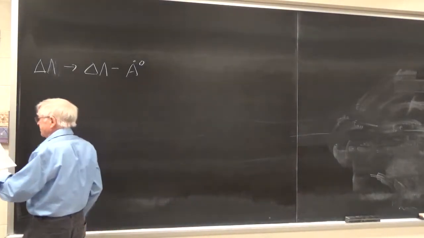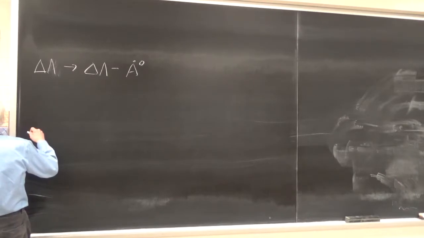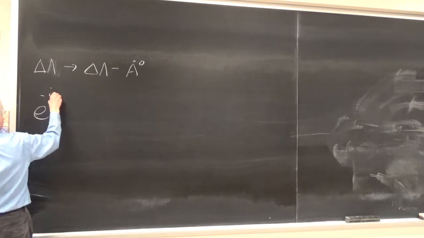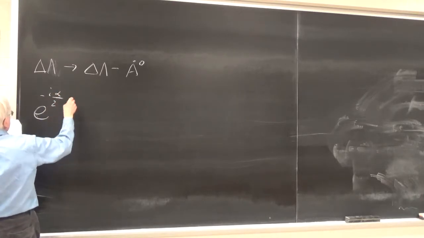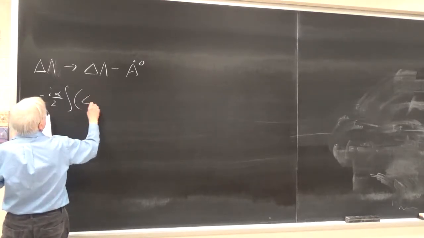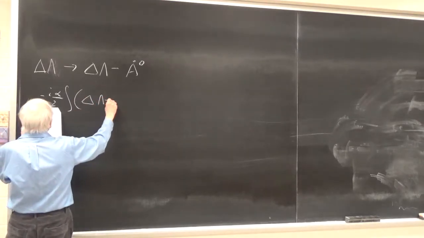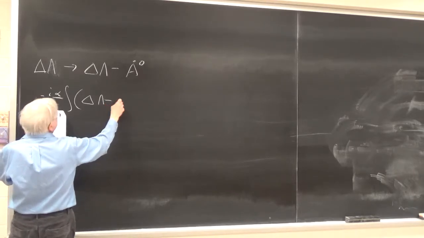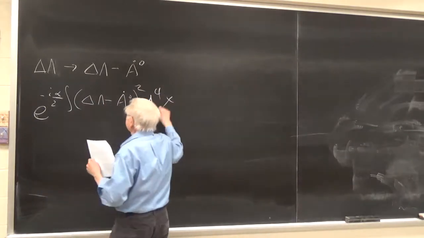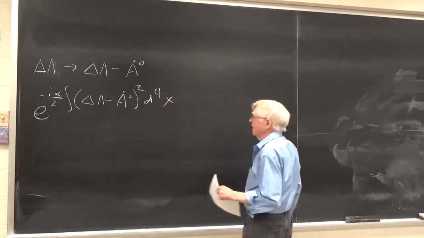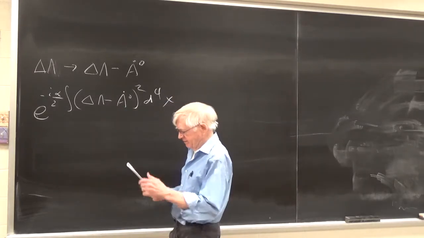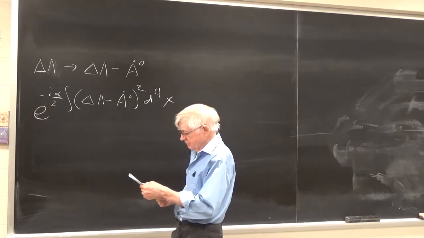And so the exponential factor is e to the minus iα over 2 integral of (Laplacian lambda minus ∂·A₀) squared d⁴x, although in the notes in the book I actually put in a minus sign here, but since it's squared it doesn't matter.